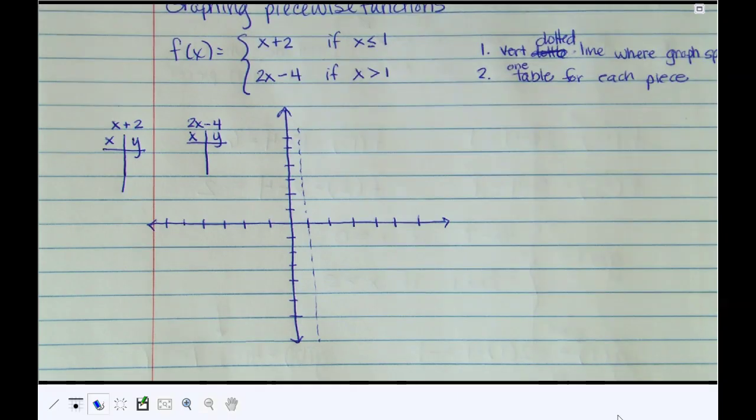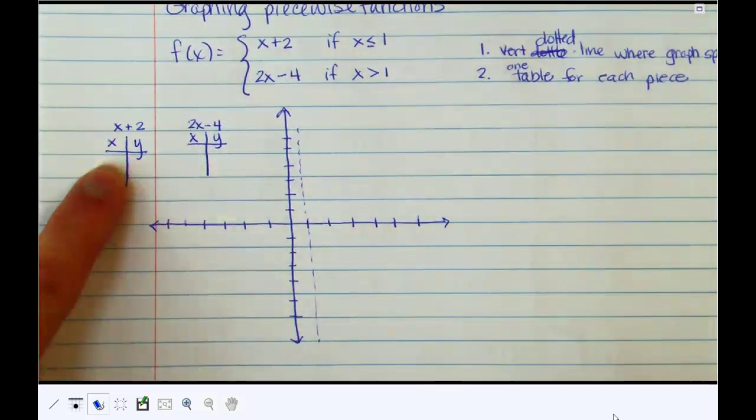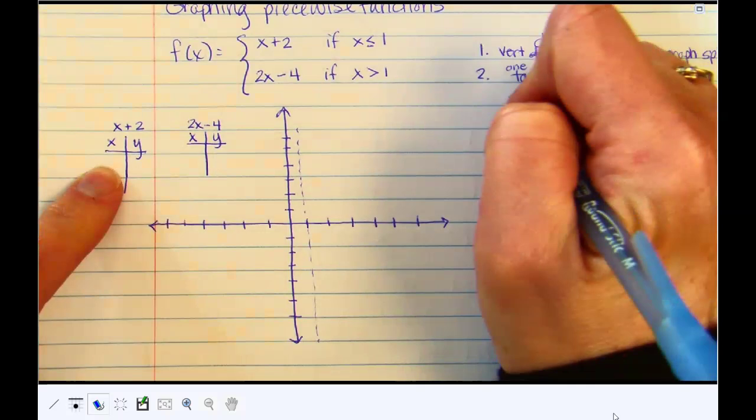Okay, now, how many points do we need to graph a straight line? Just 2. We need 2 points to graph a straight line. So we're going to pick 2 x's, but we need to do this intelligently.